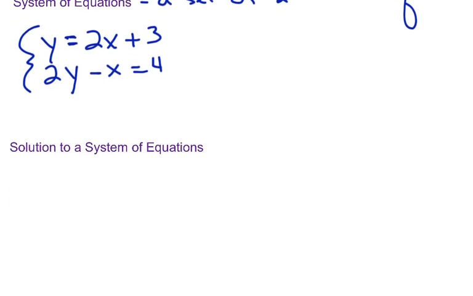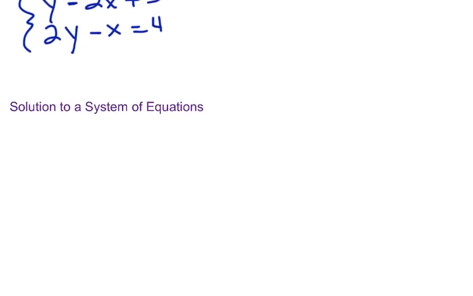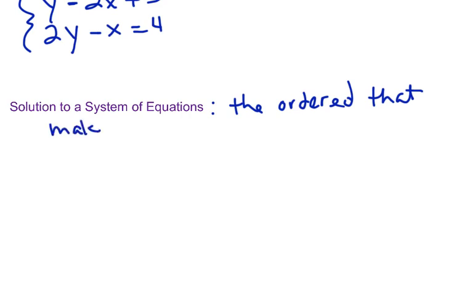All right? Now, a solution to a system is the ordered pair that makes both, or makes all, equations in the system true.